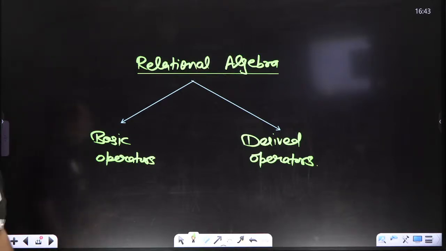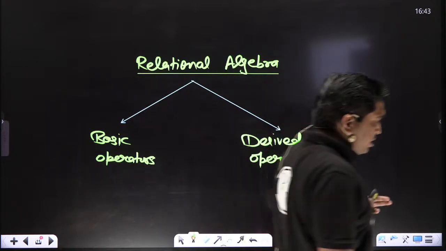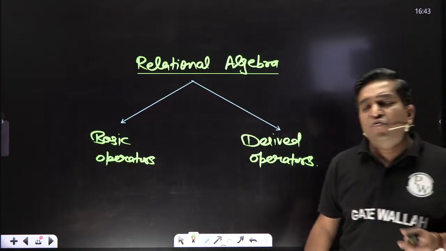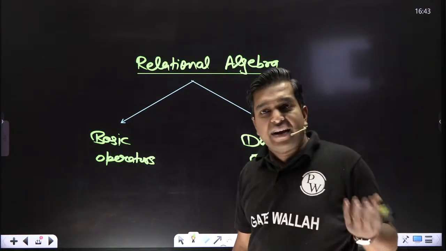Everyone crystal clear? There are two categories of operator, basic operator and derived operator.